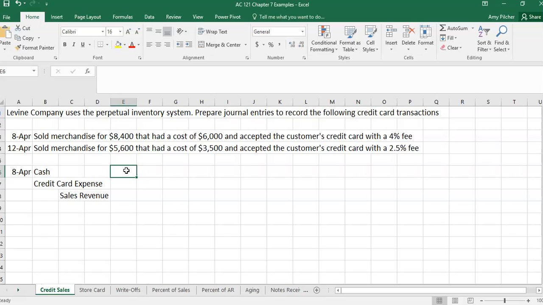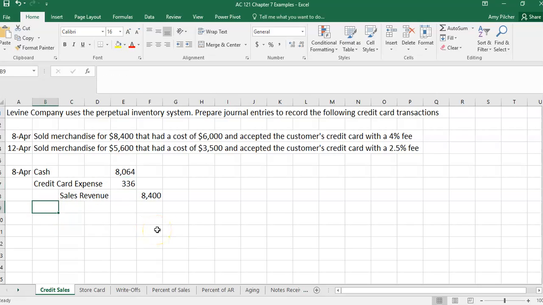So we would receive sales revenue of $8,400. We have a credit card expense that is 4% of that $8,400. And then we receive cash that is $8,400 minus the credit card fee expense.